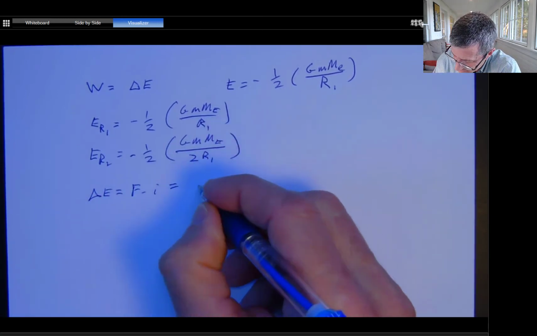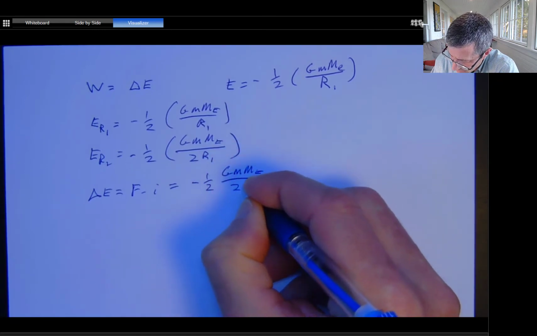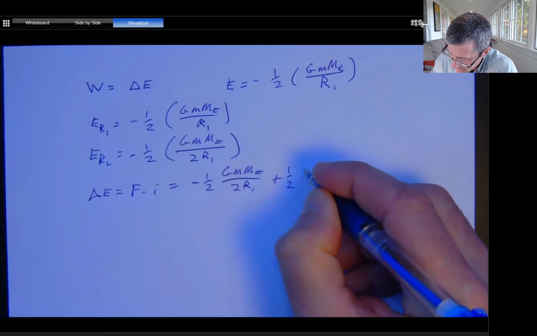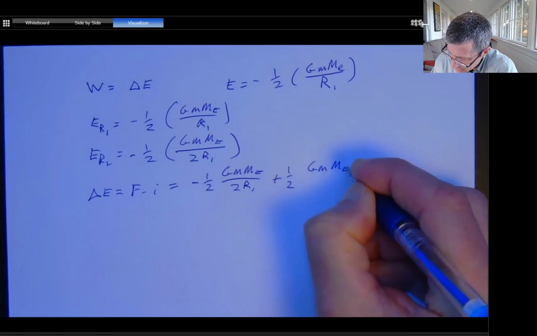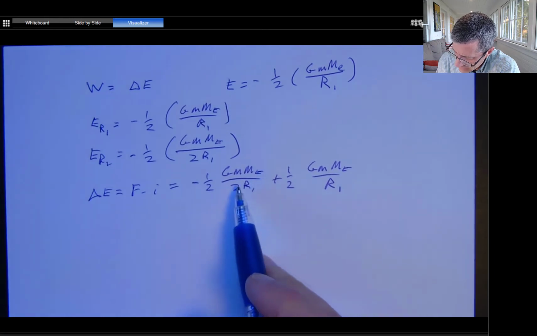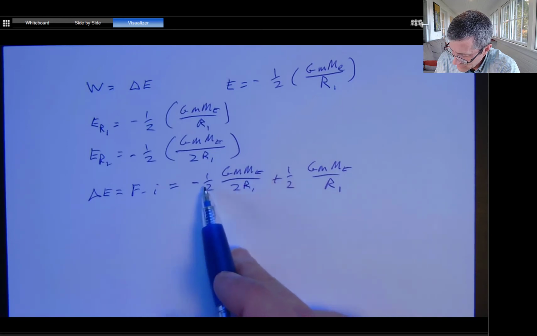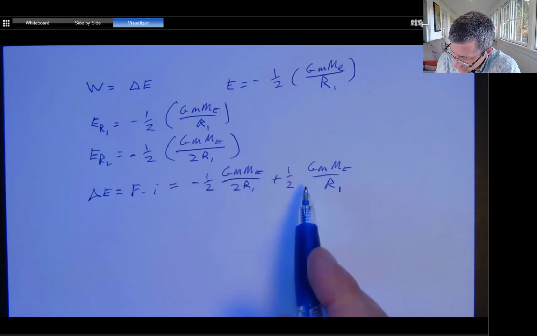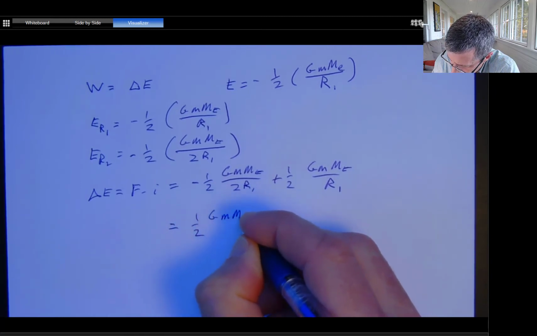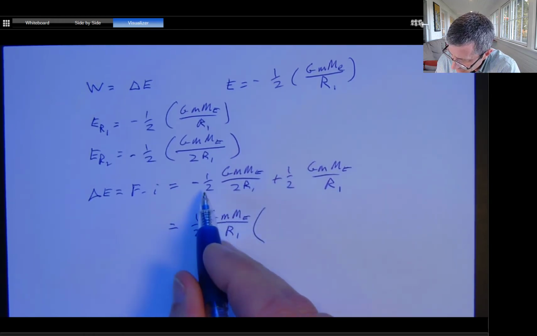So my final is negative 1/2 G M E over 2R1. I'm going to subtract my initial from it, so a plus 1/2 G M E over R1 by itself. I can factor out 1/2 G M E over R1. Then what am I left with?